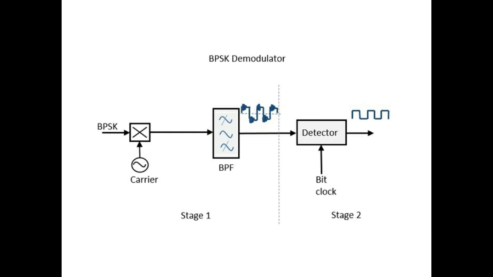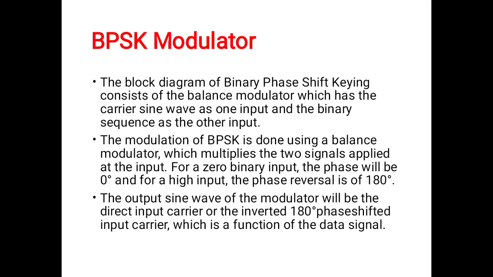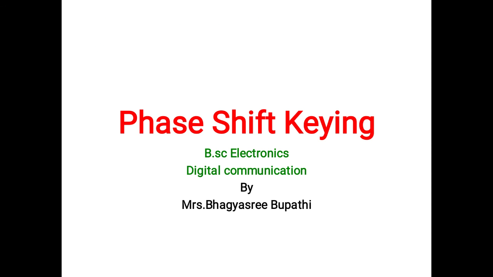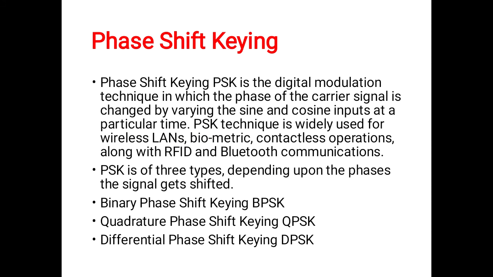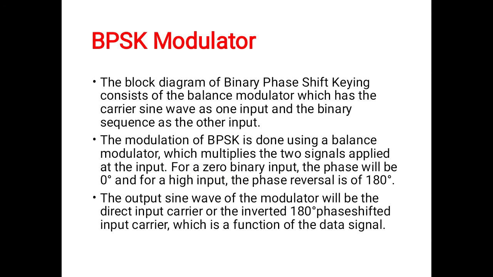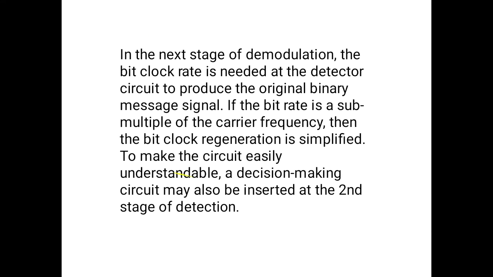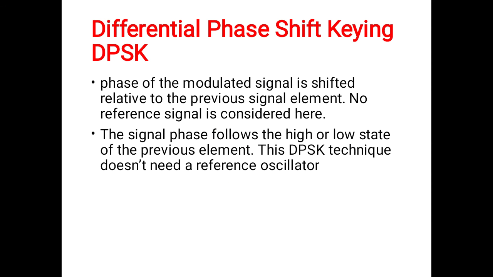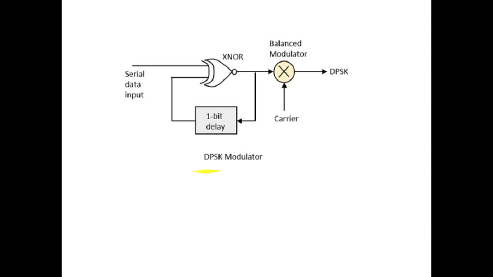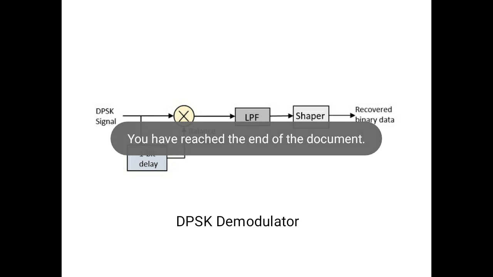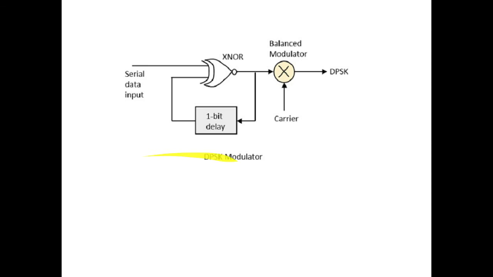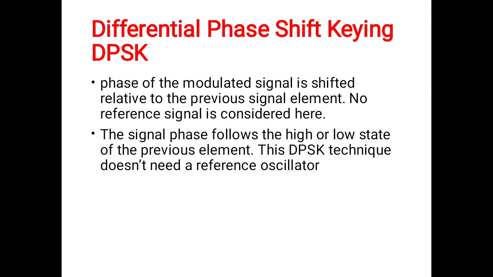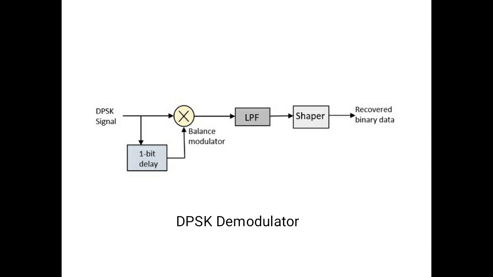In the first slide, I have told phase shifts are divided into three: BPSK, QPSK, and DPSK. I explained BPSK in detail, but when I come to QPSK and DPSK, I have given only the figures. I just defined them in few words, and I have given different figures.